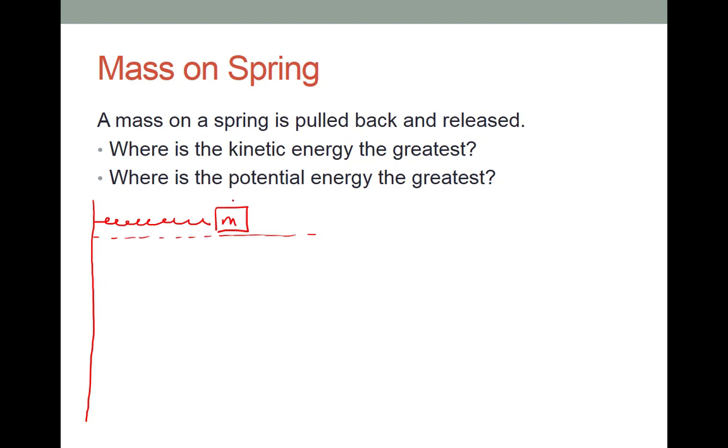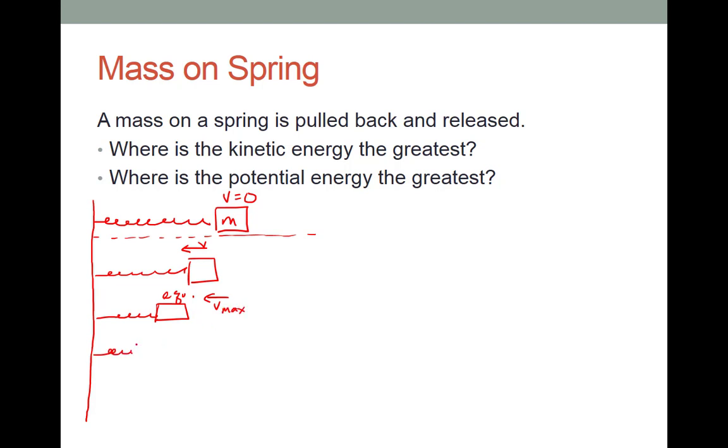And then it's released. But at this moment, it's pulled out and it's held. So the velocity equals 0. It's released, so the mass starts moving this way. At some point, it hits the equilibrium point, which means it is still moving that way, but it is now moving as fast as it can.